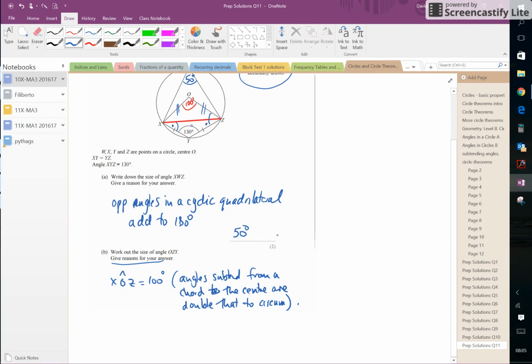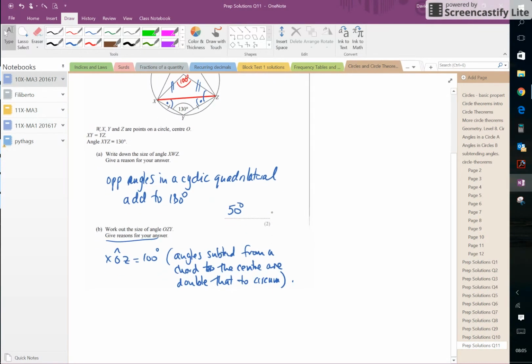Well, we can find those because we know that this is an isosceles triangle. So these two angles must be shared equally, and therefore they must be 25 each, because 180 degrees minus 130 is 50, and these are half each. So we can write that down.